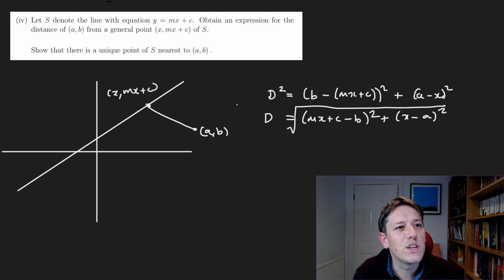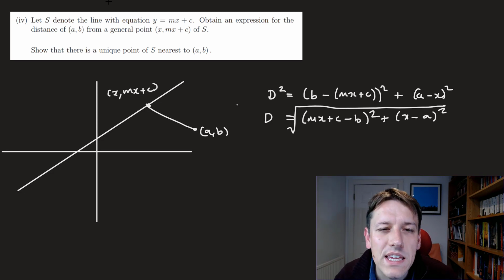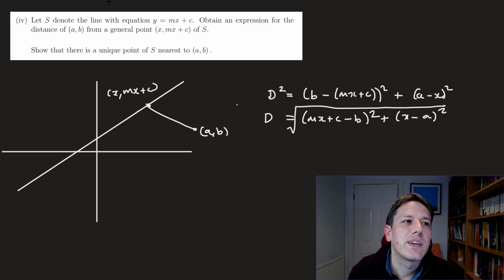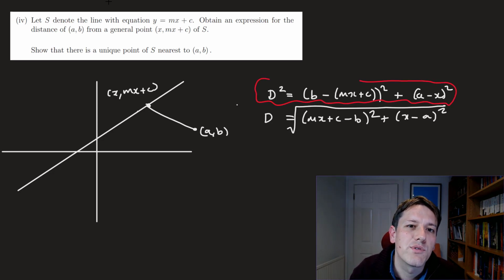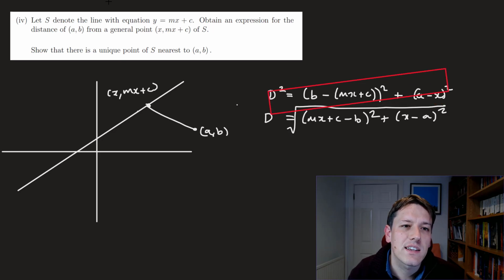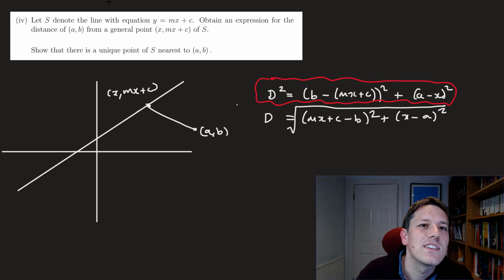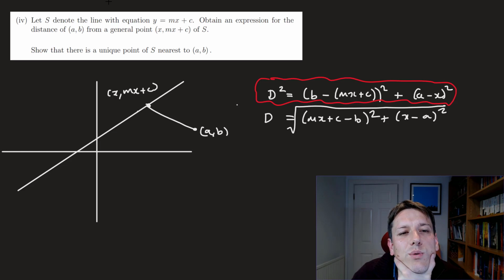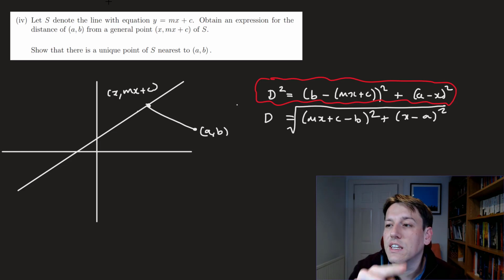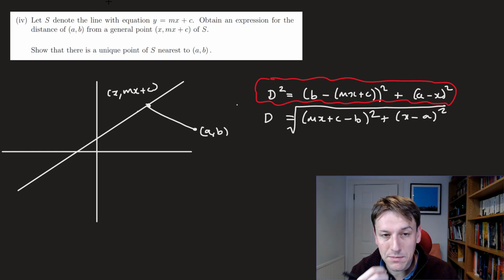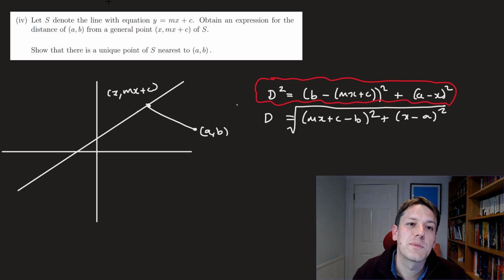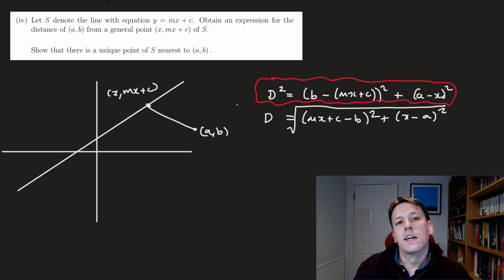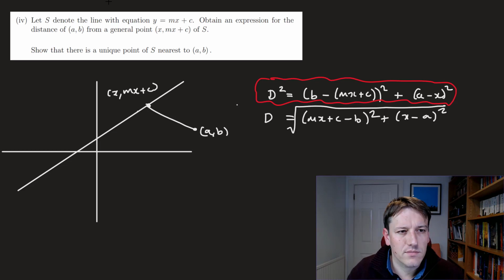So now it says show there's a unique point of S nearest to AB, and one thing we can say here is that if we look at this as a quadratic in x, it is going to have a unique minimum point as a positive quadratic. Once we multiply it out, the coefficient of x squared will be positive.